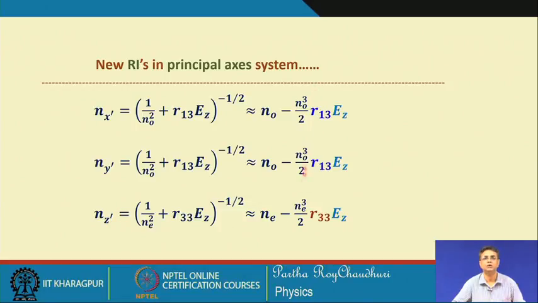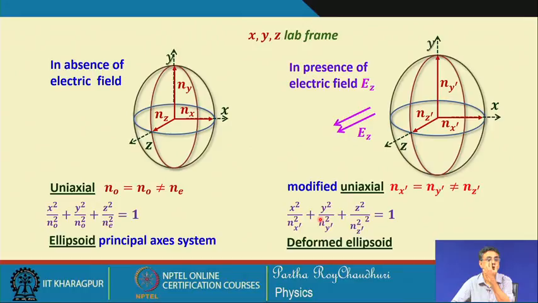So, these are the new refractive indices, which you can see, these two are again the same, they have incremented by the same amount, and this is different. So, it again remains uniaxial. This is a case which is very interesting, that the ellipsoid does not undergo any rotation, but its overall size increases.